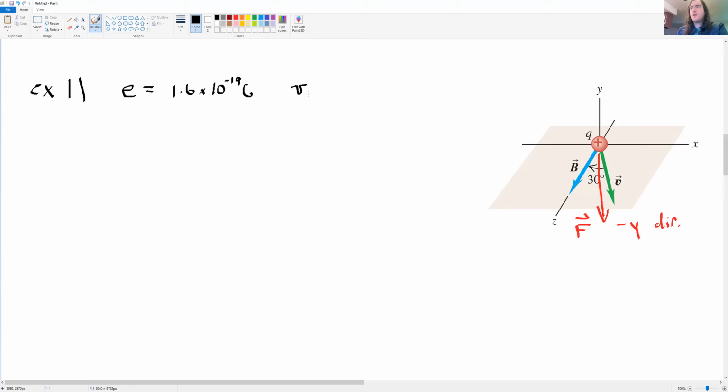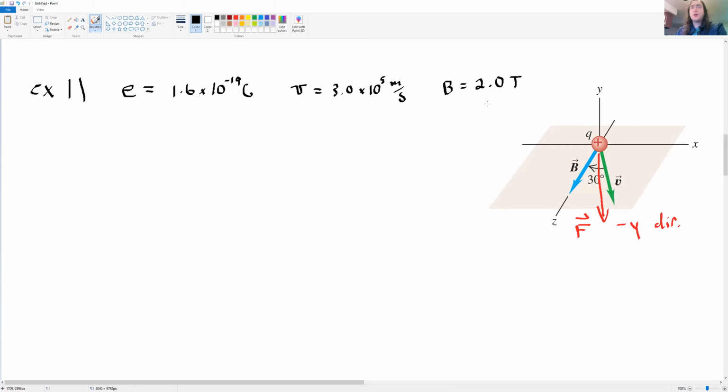And those protons are moving with a velocity 3.0 times 10 to the 5th meters per second. Right? And they're moving through a uniform magnetic field, so it's constant everywhere. And it's quite a large magnetic field. It's 2 Tesla.